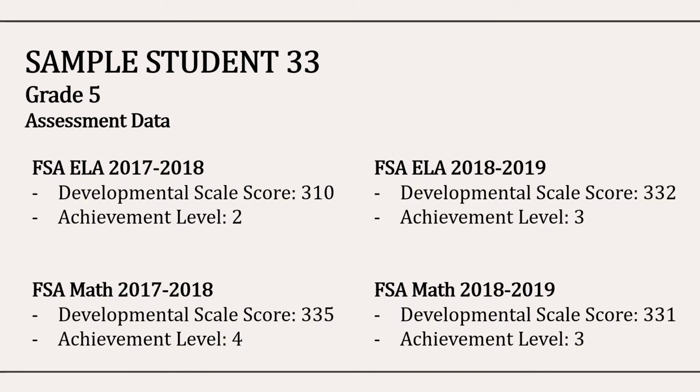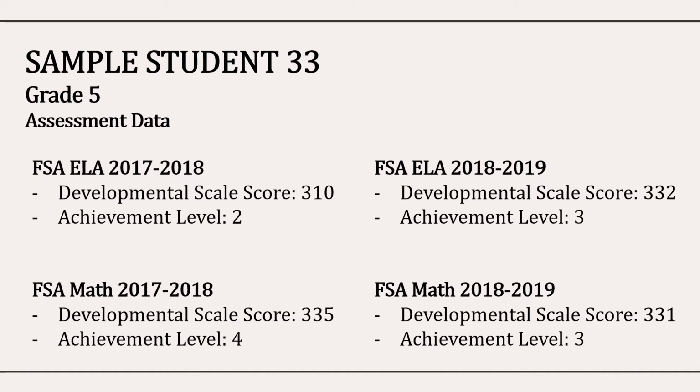Now on slides 3 and 4, I will be giving a description of all of your child's assessment data. In this next section, I will give an interpretation of all the data for your child. Starting on slide 3, we will first discuss your child's FSA ELA 2017 and 2018 scores.